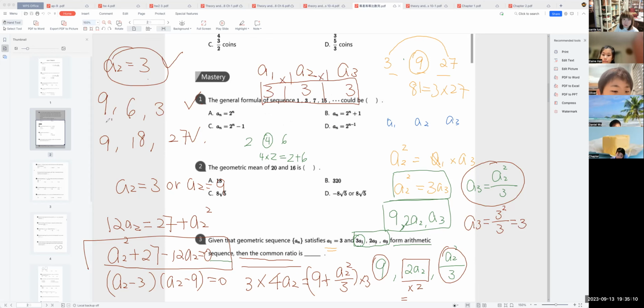Get it? Okay, so now let's see when A2 equals 9. So when A2 equals 9, A3 equals 9 times 9 over 3, which is 27. So we have 27, 9, and 3. So what is the common ratio? Very easy, times 3 and times 3. So the answer for this question is 1 and 3.